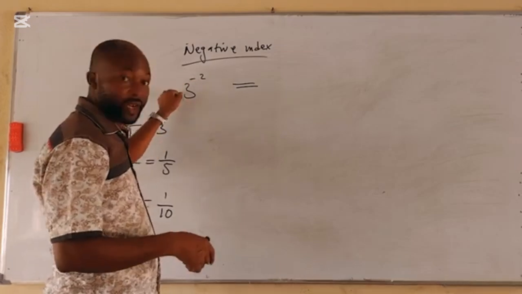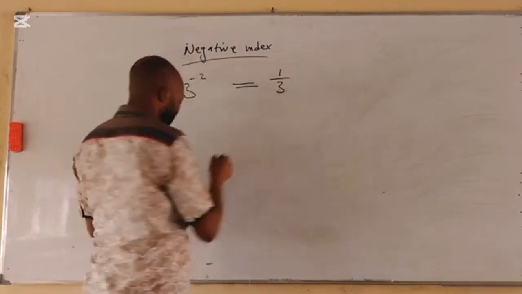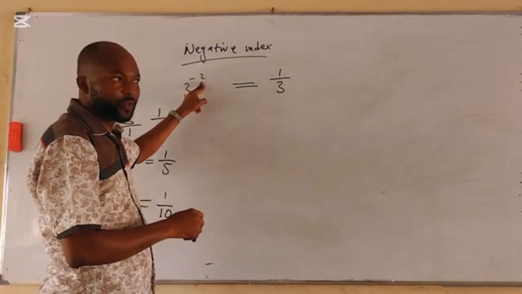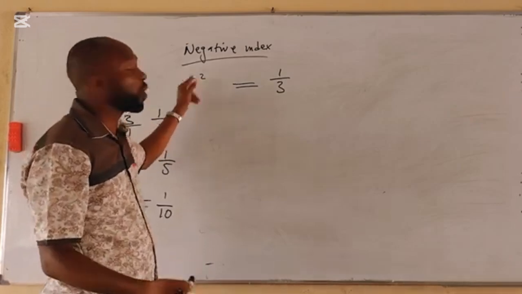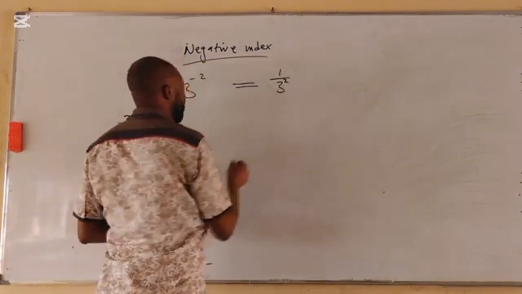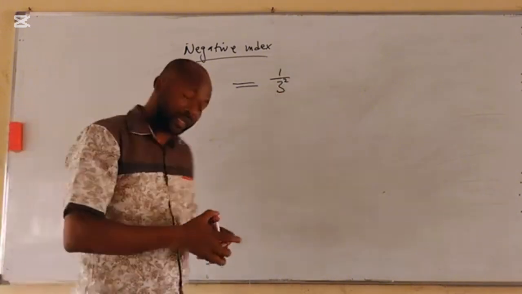The reciprocal of 3, which is now 1 over 3, raised to the same positive index. What was the negative index before? It was minus 2. And I say raised to the same positive index, it becomes plus 2. So I put 2 here, raised to the power 2. That 2 is positive. That is what the law says.